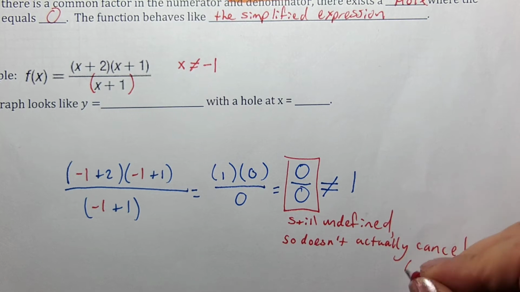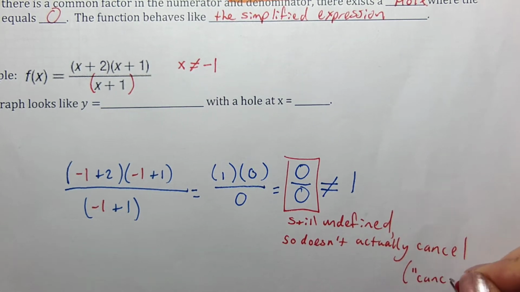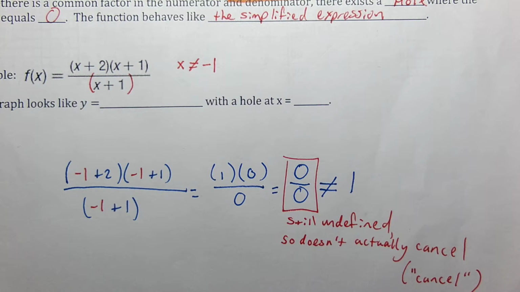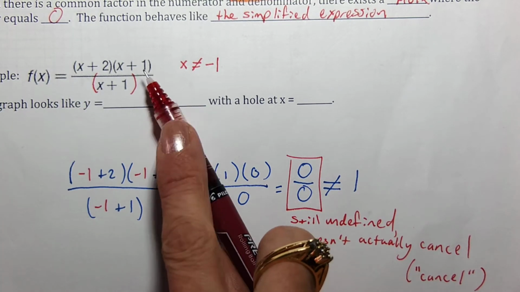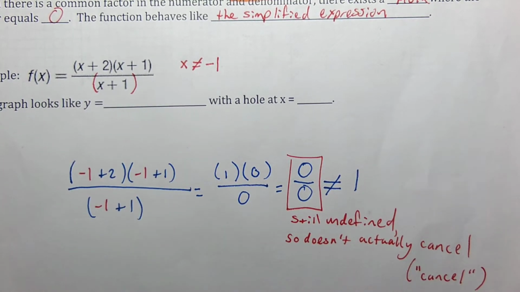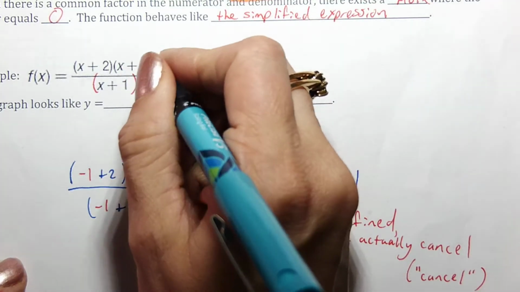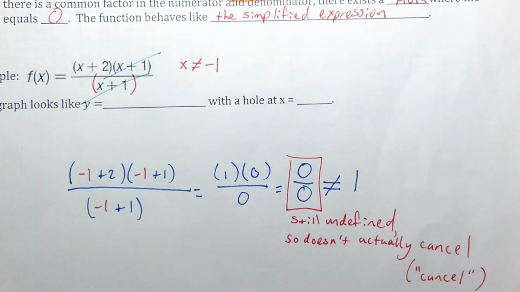Which is why we say it quote unquote cancels. So what we mean by canceling is everything that we've been doing in this chapter so far. If I have within a fraction the same factor over itself, up till this point we've been like, yeah, go ahead and cancel that out.